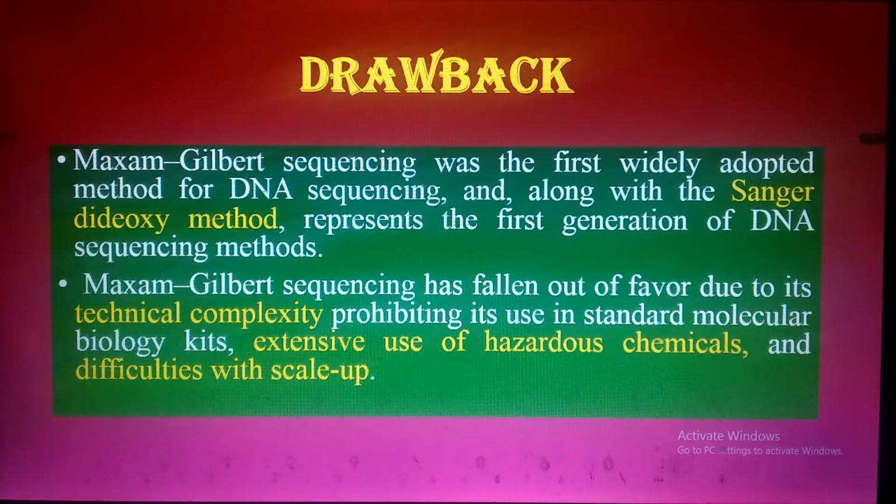The Maxam-Gilbert method fell out of favor due to its technical complexity, prohibiting its use in standard molecular biology kits. And the most important thing is the use of hazardous chemicals and difficulties with scale up. That was the drawback of the Maxam-Gilbert method.